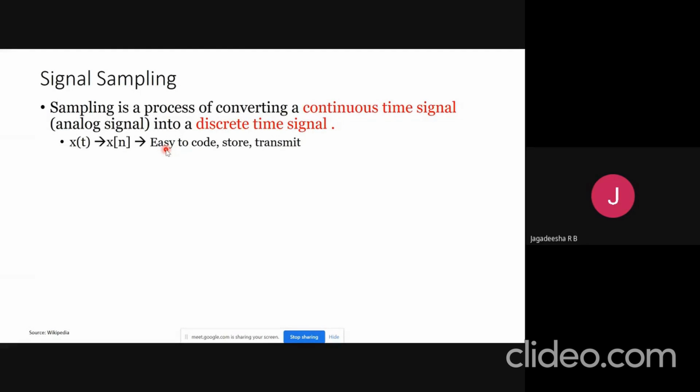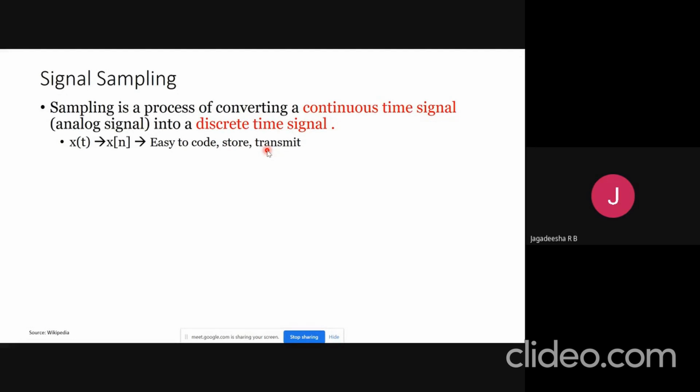presentation. So what's the purpose? It is easy to code, meaning representing in a coded format, and easy to store and also to transmit. Basically, we want to deal with the digital signal. If our input is currently analog, for example a voice signal or a video signal, we may want to store it in a digital format, or even transmit it.